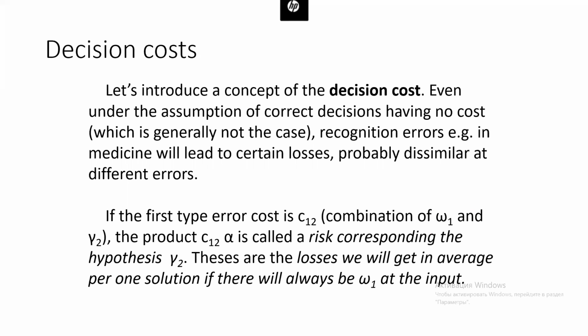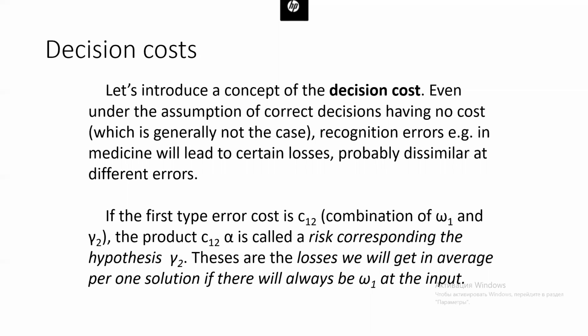The first error cost will be C12, a combination of class 1 and hypothesis 2. So it's when we have real class 1, but we predict 2. And it will be the risk corresponding to hypothesis 2. These are the losses we will get on average per one decision if there is always class 1 at the input.